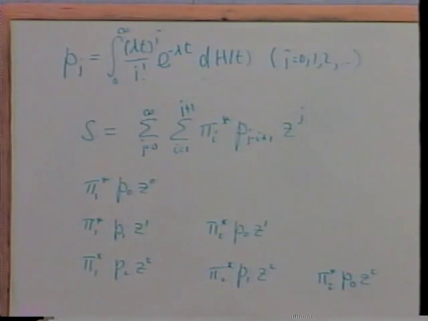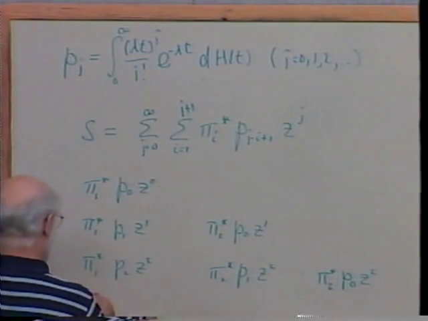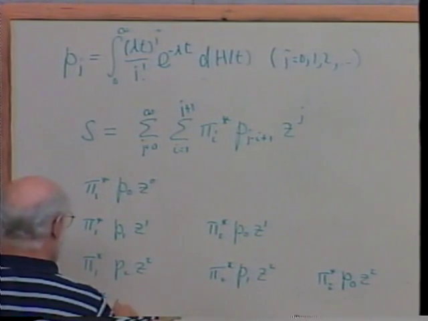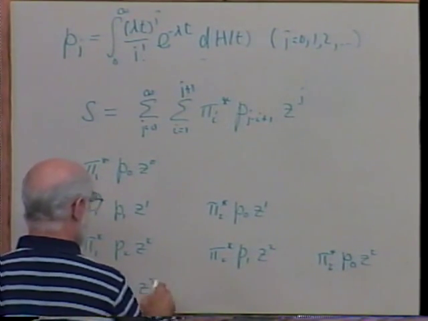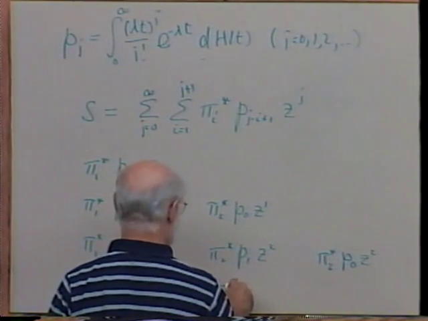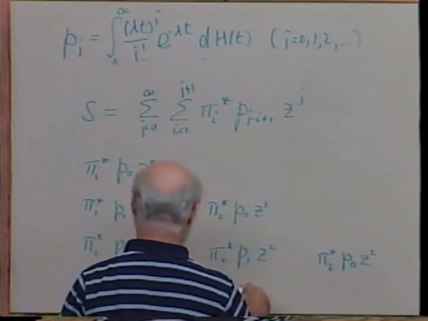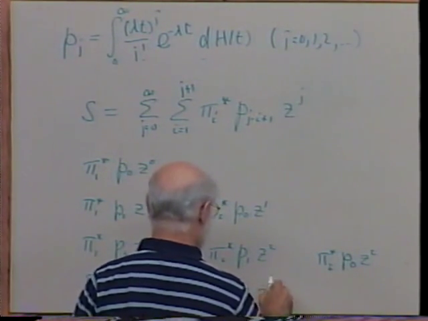Yes. Okay, so now it's easy, right? I can see what the pattern is. So the next one's going to be pi 1 star p3 z cubed. The next one's going to be pi 2 star p2 z cubed.